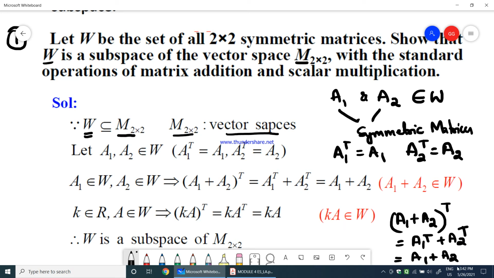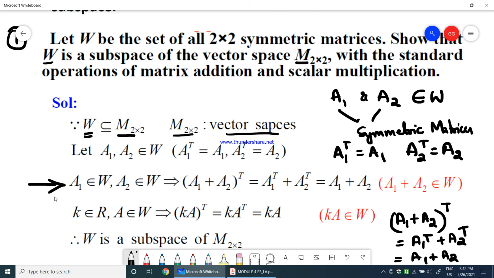So A1 plus A2 again belongs to the subspace W. If you add two symmetric matrices, you end up with another symmetric matrix. That is the property of symmetric matrices. Therefore, closure under matrix addition has been proved.